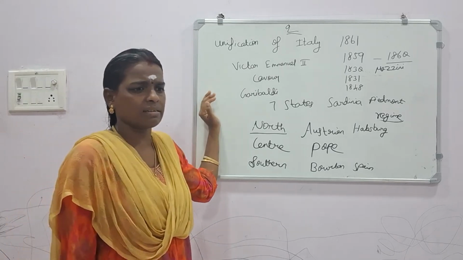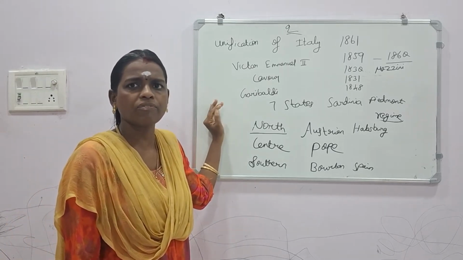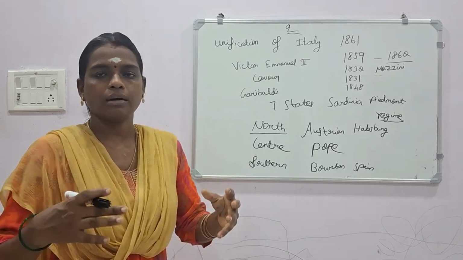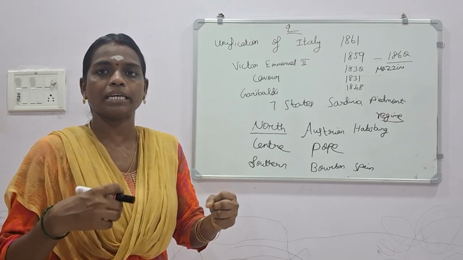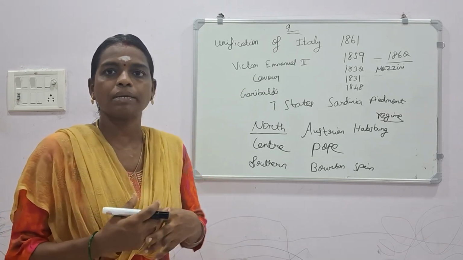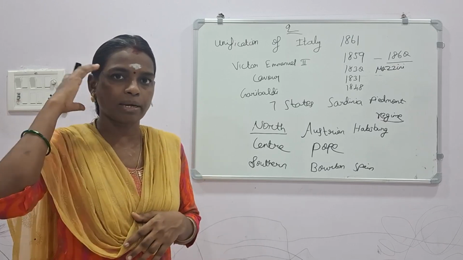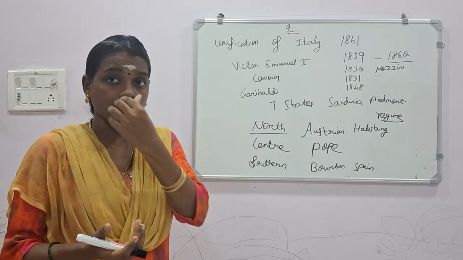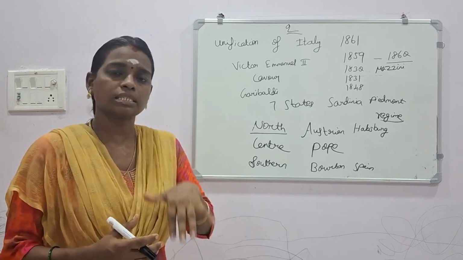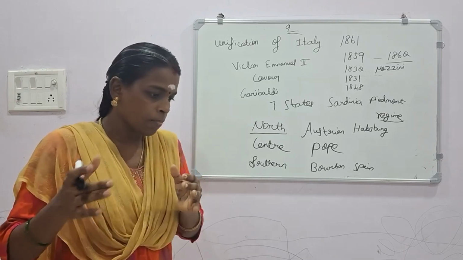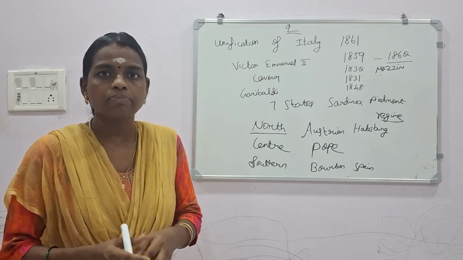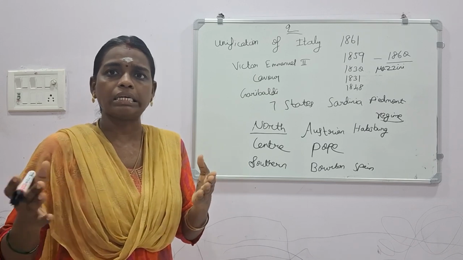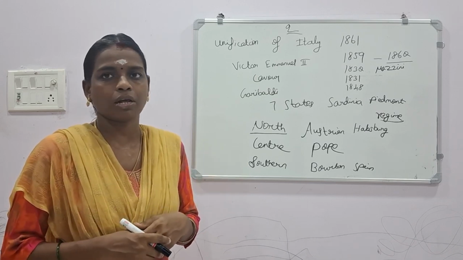Even when this happened, the monarchical form of government also thought that if the country was unified, our economic condition would improve and political dominance would increase. Monarchical rulers and ministers thought that even though the unification of Italy would happen, it would not affect the monarchical form of government.